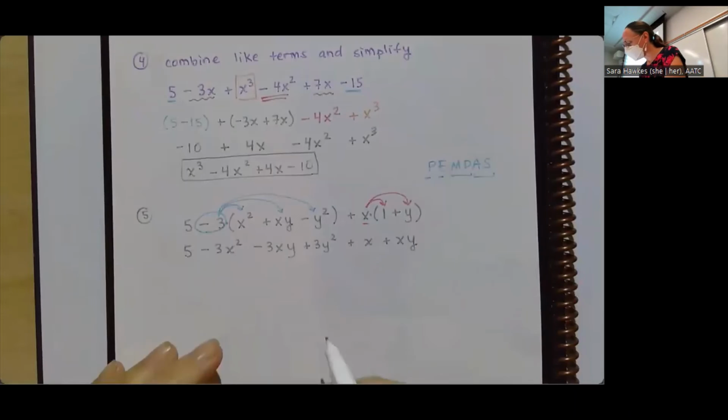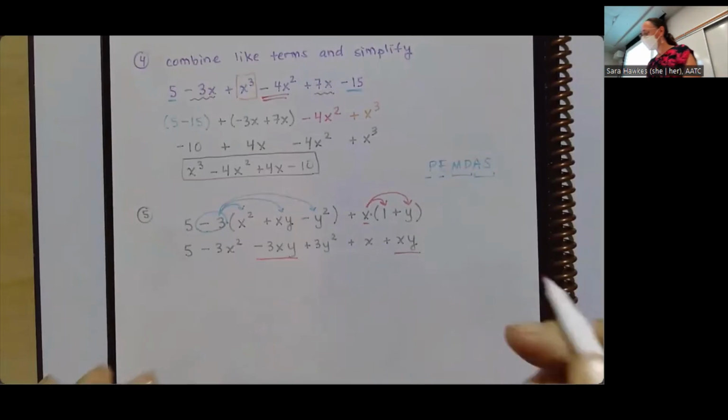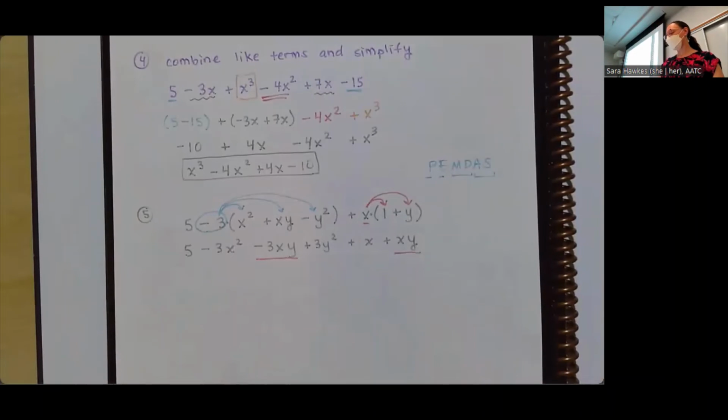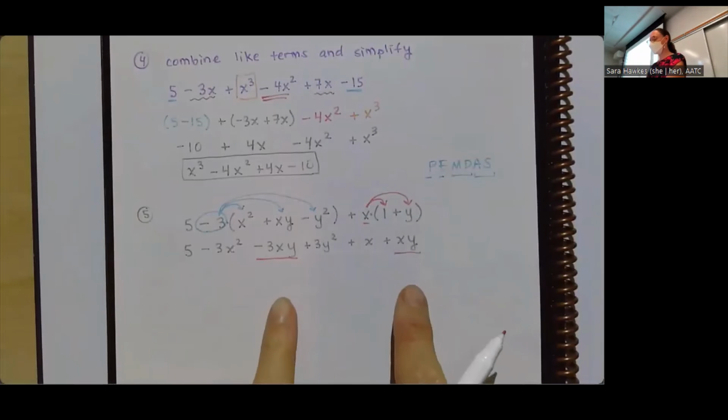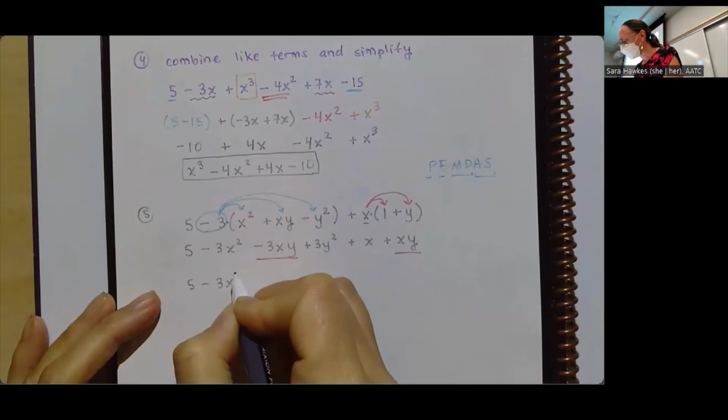And I think I just have one pair of things that have like terms, because both of these are an x times a y. So I am looking at 5 minus 3x squared.